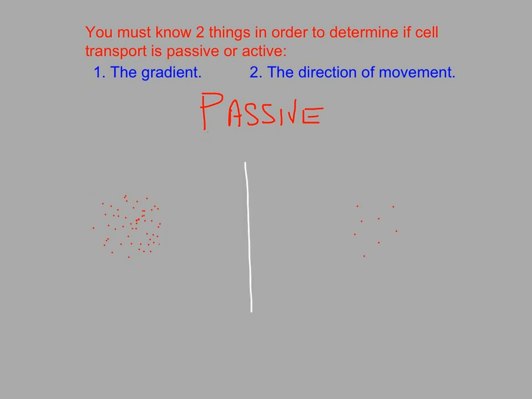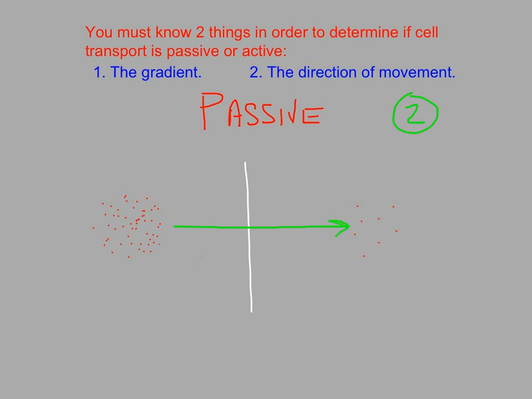And now you're finally going to want to know that there's actually two types of passive transport that are very, very similar, except there's one tiny difference. So we already know that if it's going across the membrane from high to low, that is passive transport.